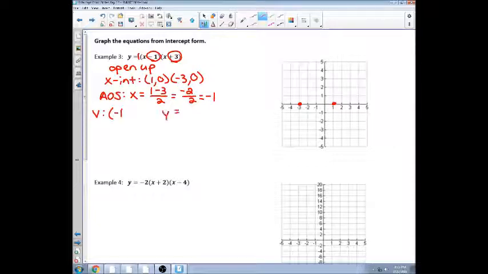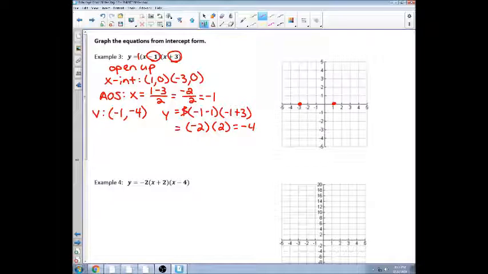My y value will equal 1 times -1 minus 1 times -1 plus 3. So I don't really need this front y anymore. -1 minus 1 is -2. -1 plus 3 would be +2, which would equal -4. So my vertex would be -1, -4.